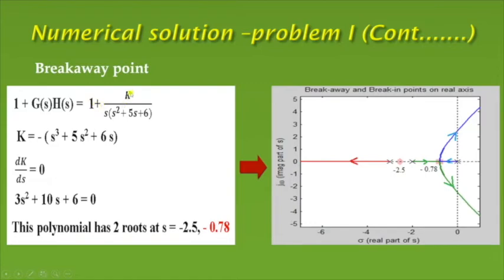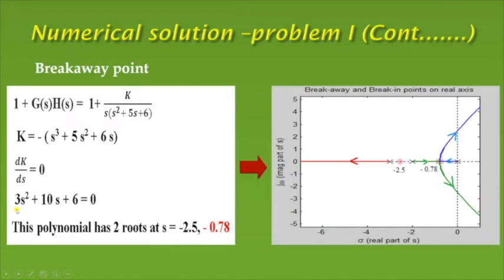Here H(s) is 1, so G(s) is given by this value. So this is equal to 0, so find K equal to minus s to the power 3 plus 5s square plus 6s. This K is differentiated with respect to s, that means dK by ds equal to 0.